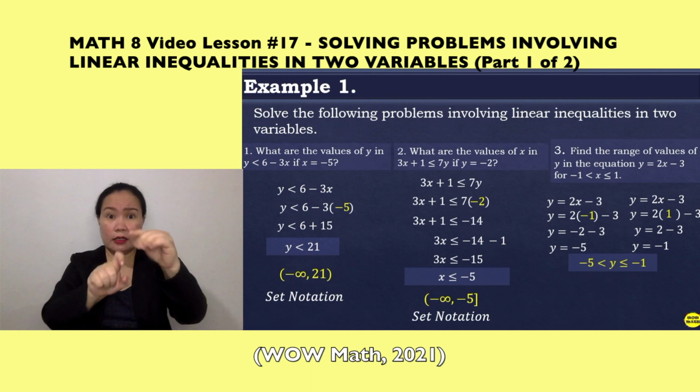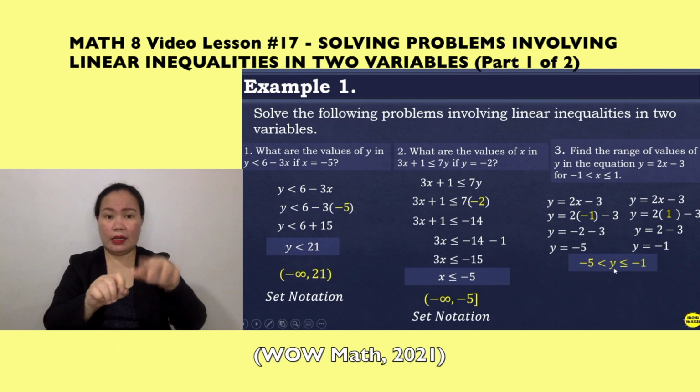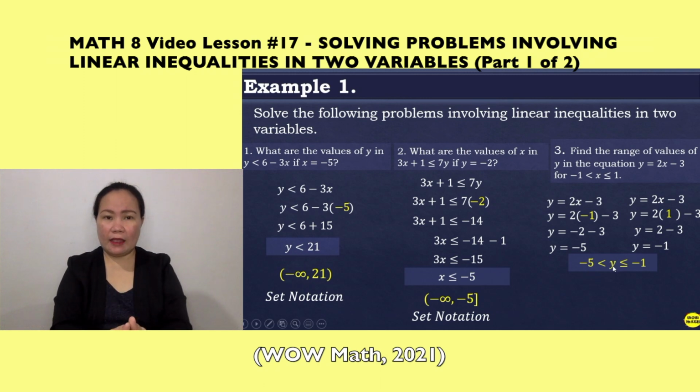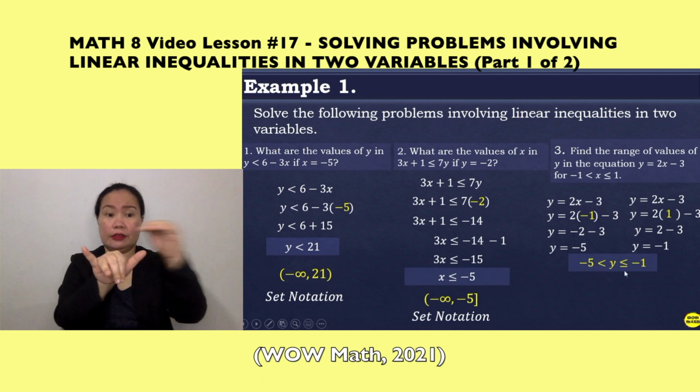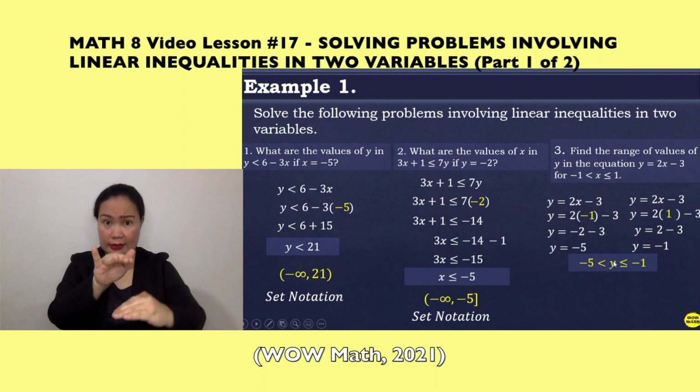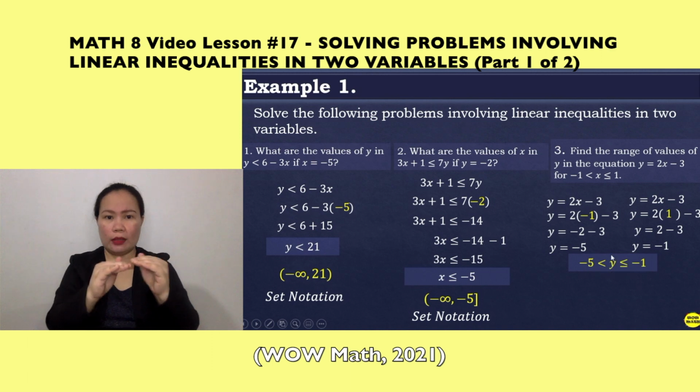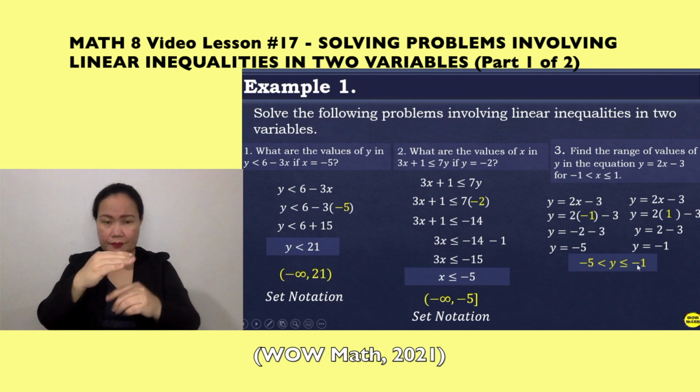Alright, so therefore, the range of values of y, so this is y ha, kanina x, sorry for the typo. So, this is y. So, our values of y will be greater than negative 5 but less than or equal to negative 1. So, ito ngayon ang magiging values ng y natin. Mas mataas siya sa negative 5, pero mas mababa naman or equal sa negative 1.